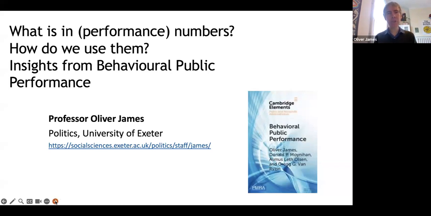And what I'm going to try to do briefly is put some of these questions in a broader context about the way that performance information, especially quantitative information about public services and government outcomes, is received, processed and used, and informs decisions by a range of different stakeholders: politicians, public managers, citizens, public service users, investors, and so on.